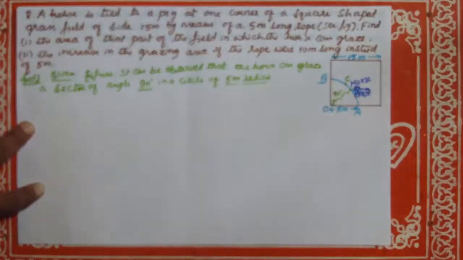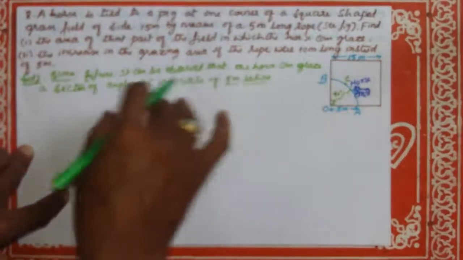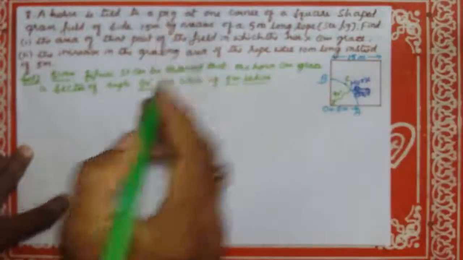Okay, let us see now. Here they have given angle and radius.